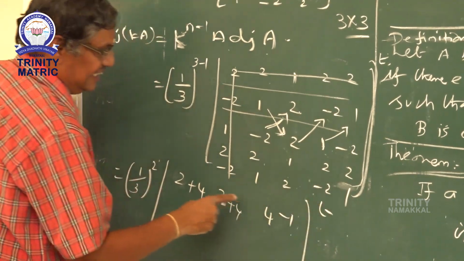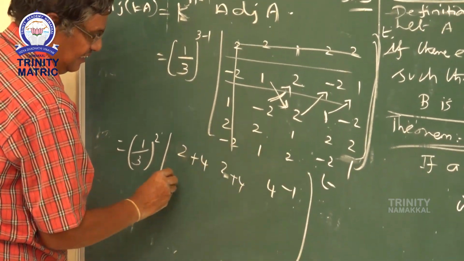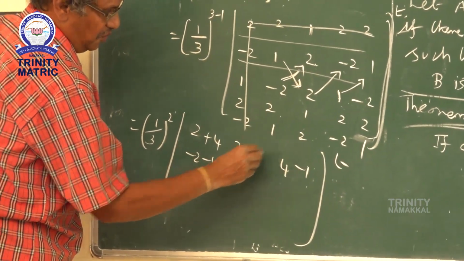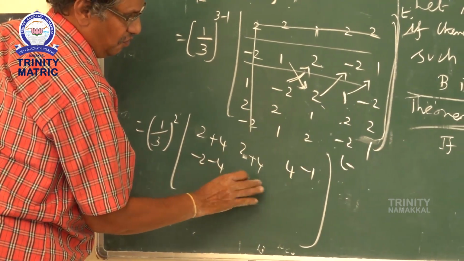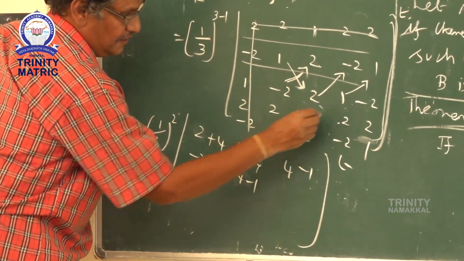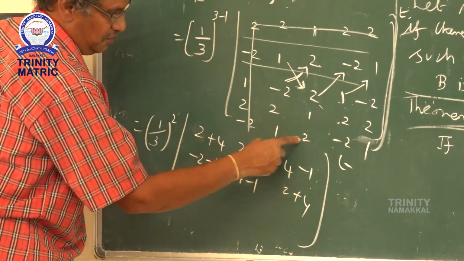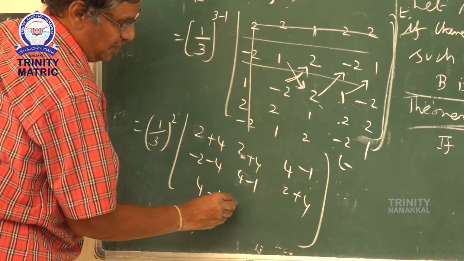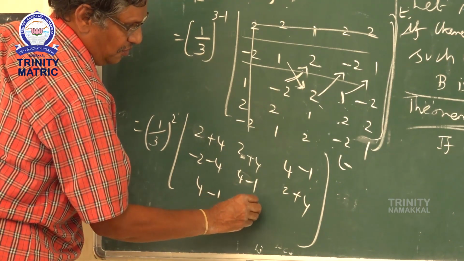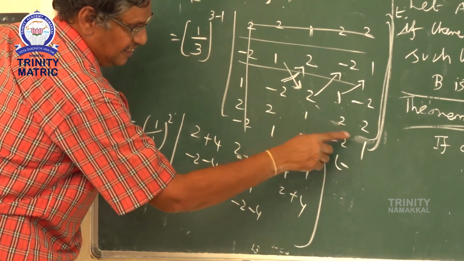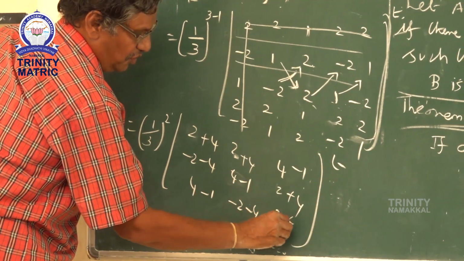Then transpose. Like that, next row. What is that? Minus 2, minus 4. For that, 4 minus 1. Next one, 2 plus 4. This one is 4 minus 1. Minus 2, minus 4. This one is 2 plus 2.